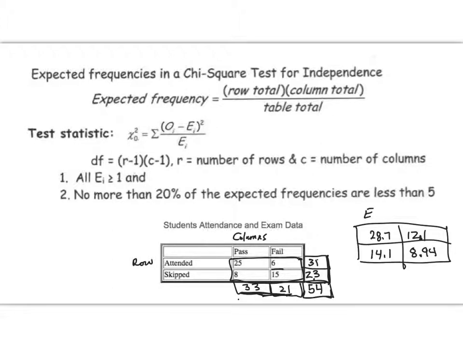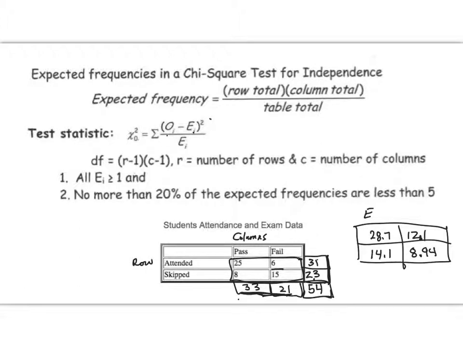And then to perform the chi-square and find the test statistic, it's the observed minus expected, squared, divided by the expected. That's if you're going to calculate it by hand. The degrees of freedom here are a little bit different as well.